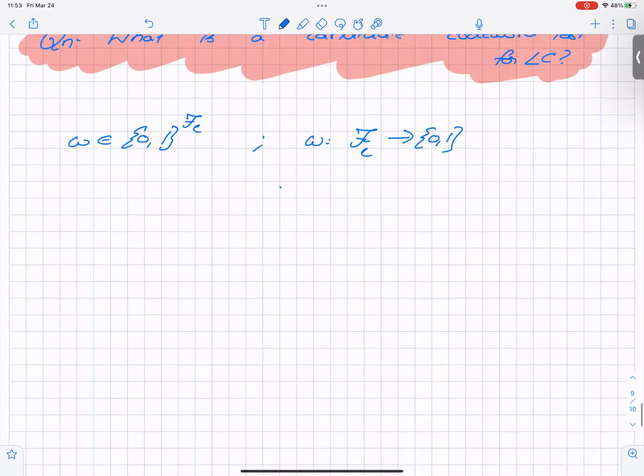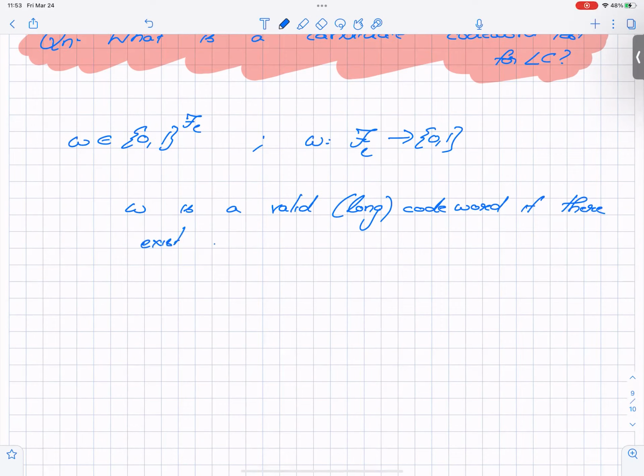So W is a valid long code word if there exists an A in L such that W of F is equal to F of A for all F in FL.